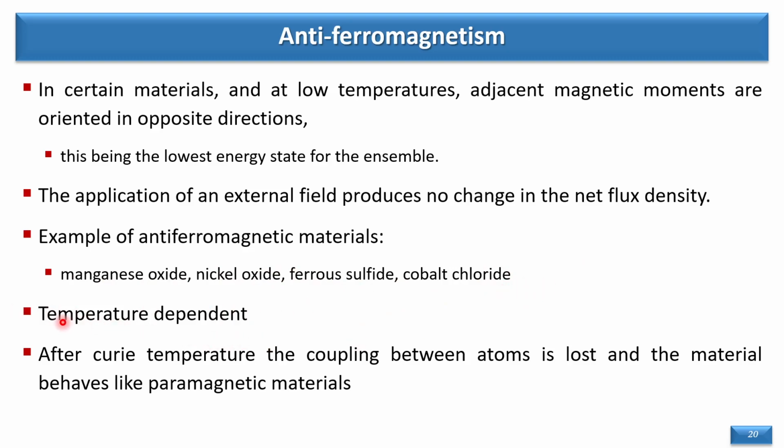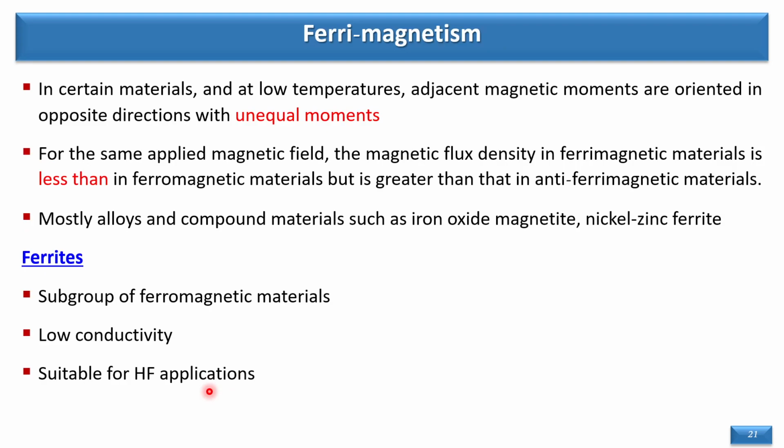It's temperature dependent, and after a certain temperature the coupling between atoms will be lost and the material will start to be paramagnetic. So if we heat it up to high temperature, the coupling that makes adjacent moments oriented in opposite directions will be broken and the material starts to behave like a paramagnetic material.